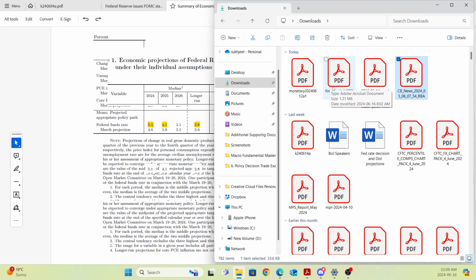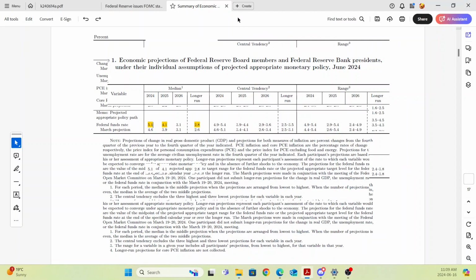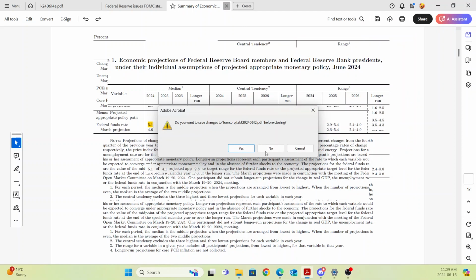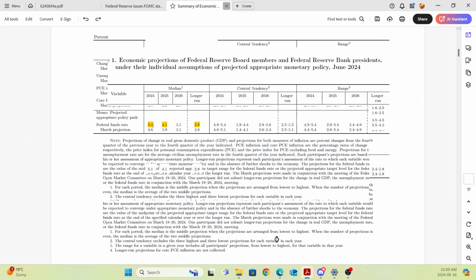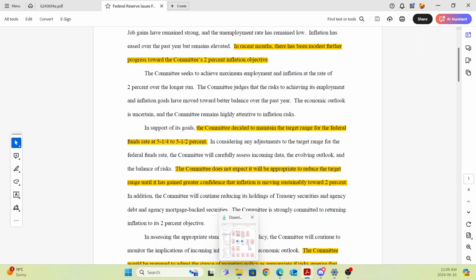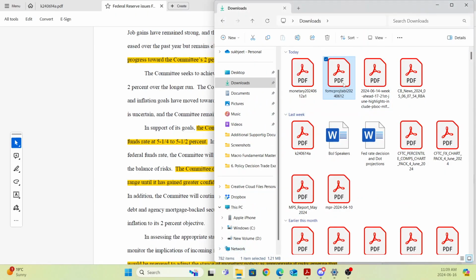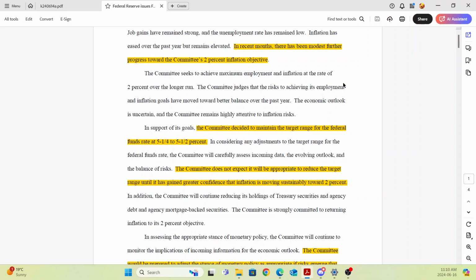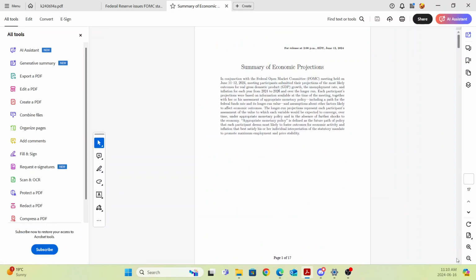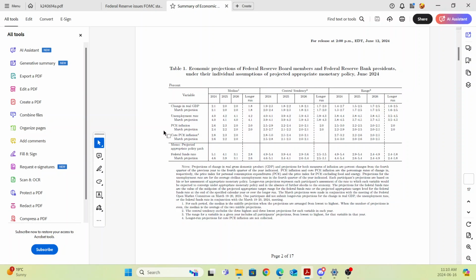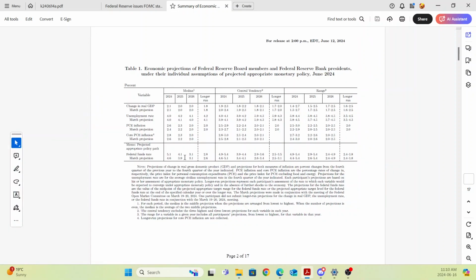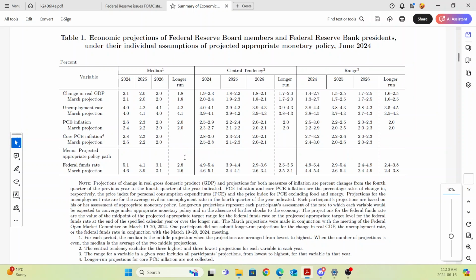Where is it? FOMC projections. Let me close this one up. Okay, now there we go. Sorry about that.